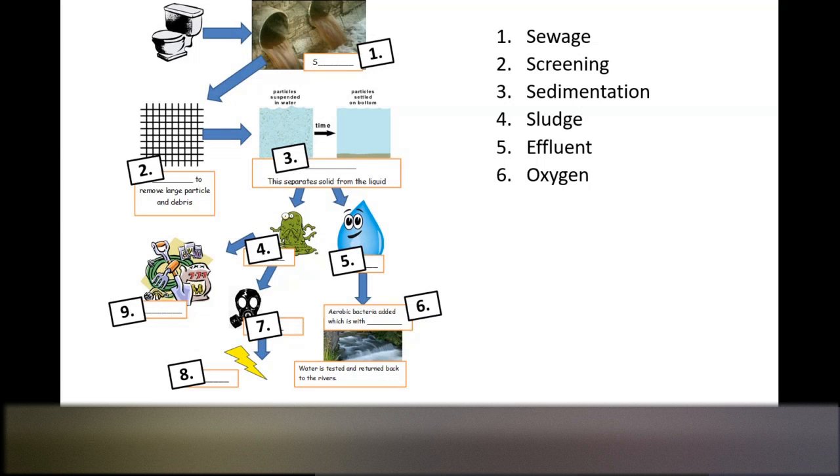So we're talking about with oxygen, okay? So if we move to the side of the sludge now, this isn't there, but what type of bacteria do we add to the sludge? You guys tell me. It's not one of the numbers, but what type of bacteria do we add to the sludge? What type of bacteria do we add to the sludge?